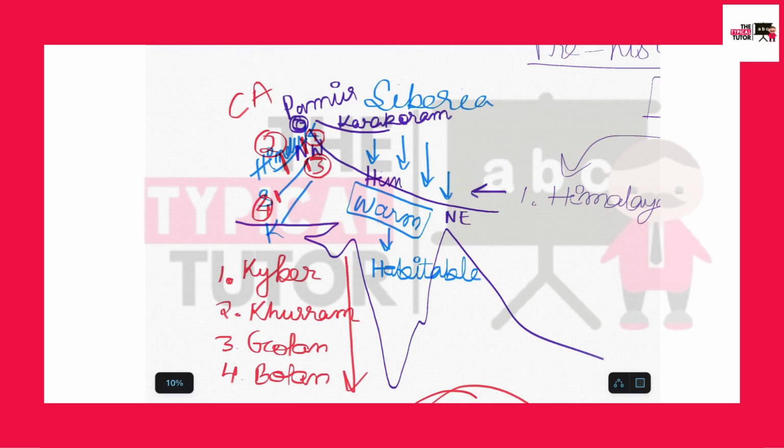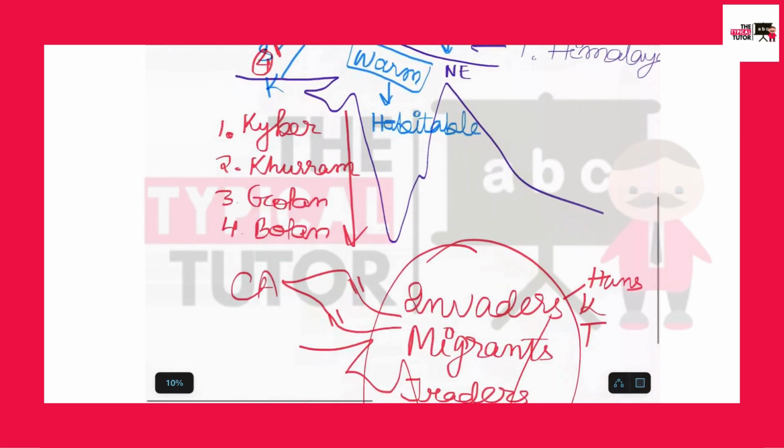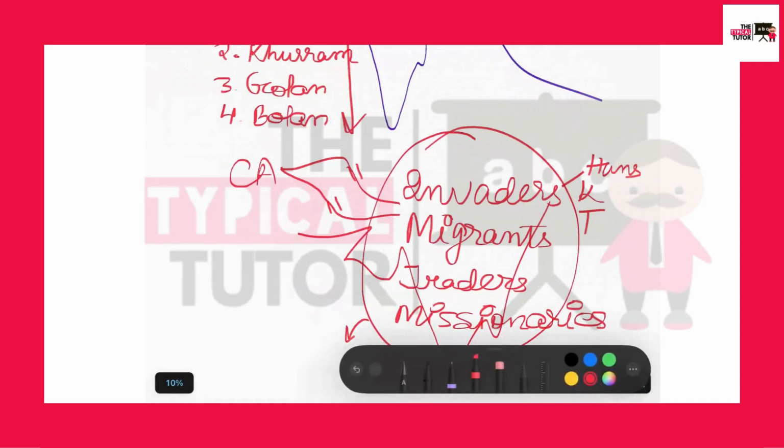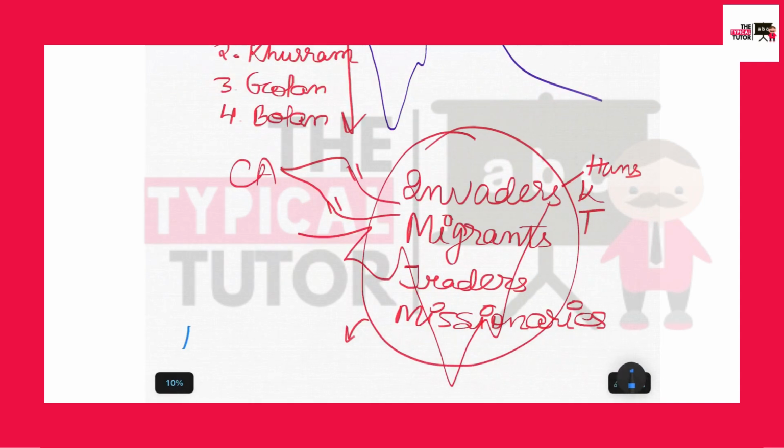So I hope the first part is clear. Not only the passes, there is another valley in the northwest of India called the Swat Valley. It is presently in Pakistan now. Swat Valley is another region through which outsiders have entered India.